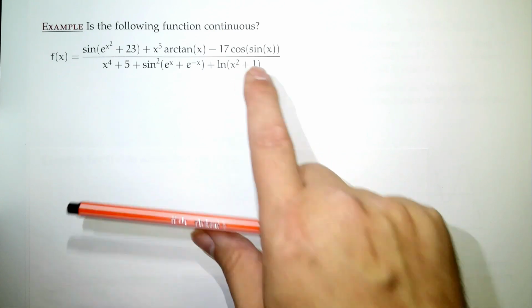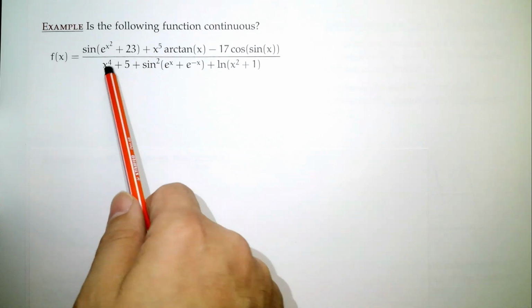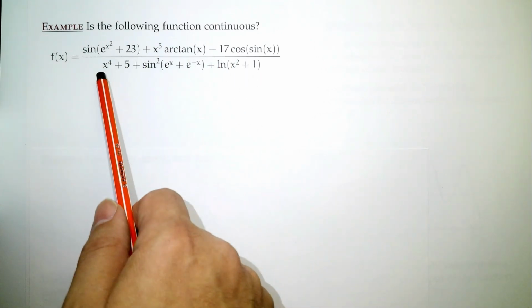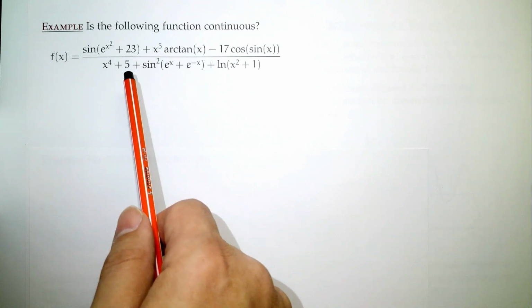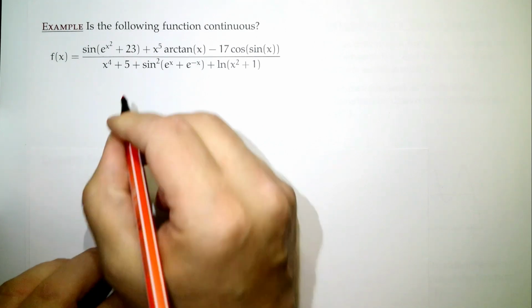And if you plug anything bigger than 1 into log, it's positive. So all the three terms there are all at least 0, and then you have a plus 5. So that definitely bumps you away from 0. So this function is continuous for all values of x, no problems. Cool. So the answer is yes.